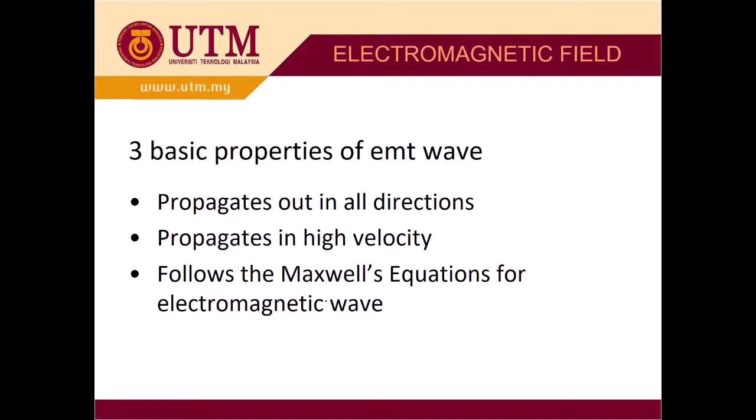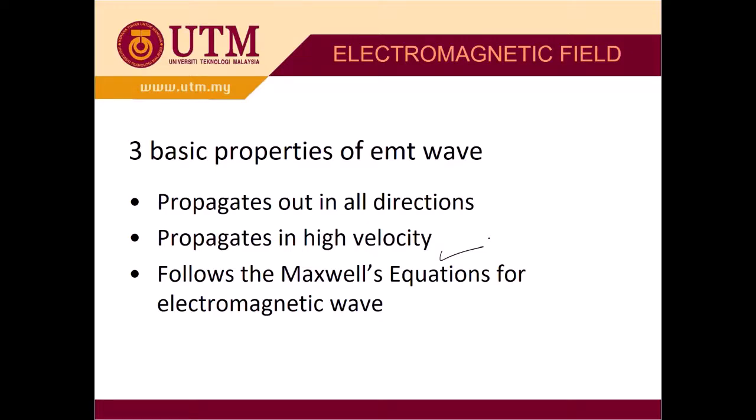The three basic properties of EMT wave. First, propagate out in all directions. So EMT can propagate in all directions. Second, propagate in high velocity. So the high velocity normally means propagating at the speed of light.